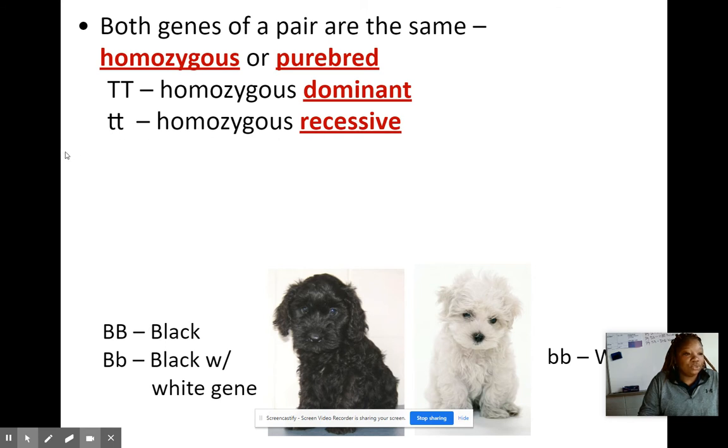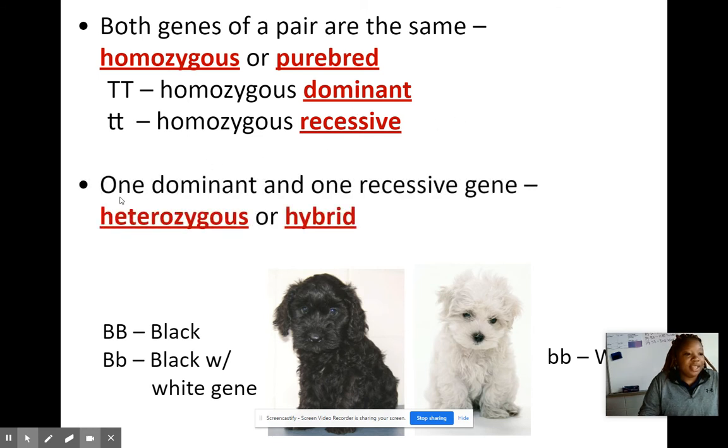Remember, when we have two small letters written together, we read that as recessive, and since it's two of the same, we call it homozygous recessive. Next, when one dominant gene and one recessive gene are written together, we call that heterozygous or hybrid. It is written like this: big T, little t. We call that heterozygous.